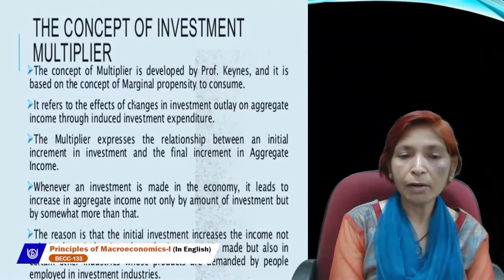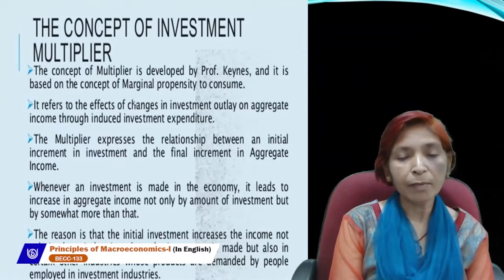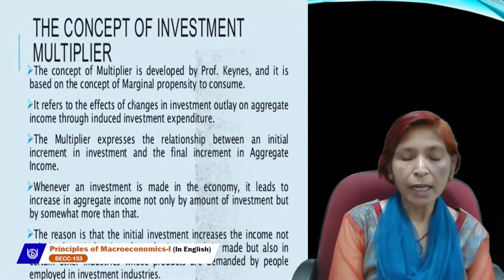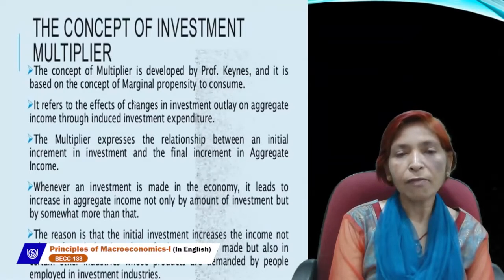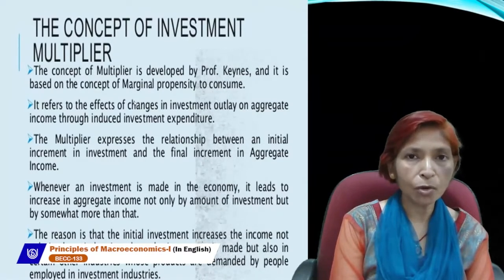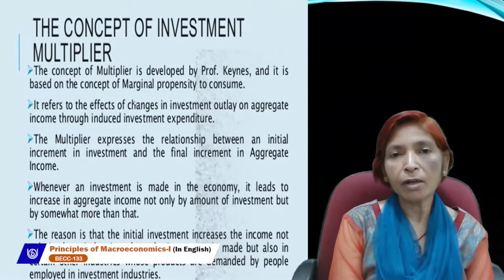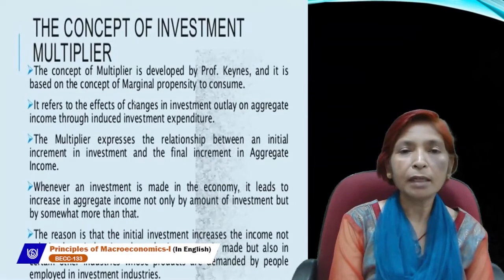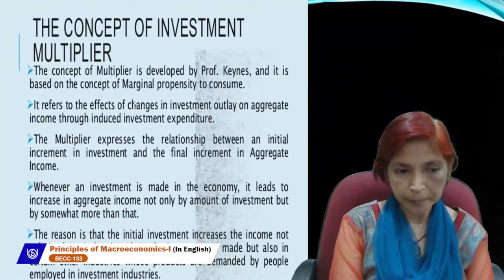If we invest 100 crore rupees and our income increases by 200 crore rupees, it means income increases 2 times the investment. And if income increases by 500 crore rupees, it means by investing 100 crore rupees, there is a 5 times increase in income due to the initial increase in investment.